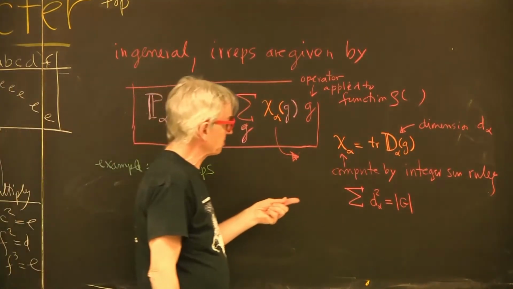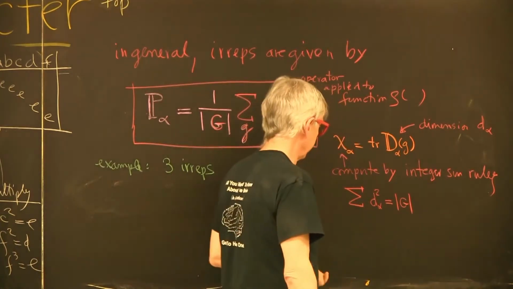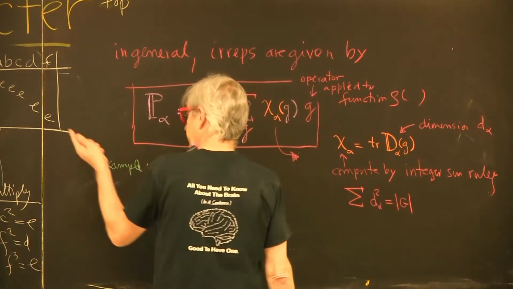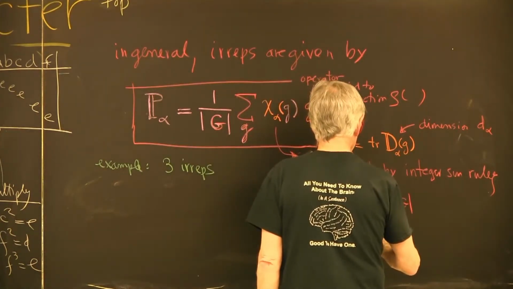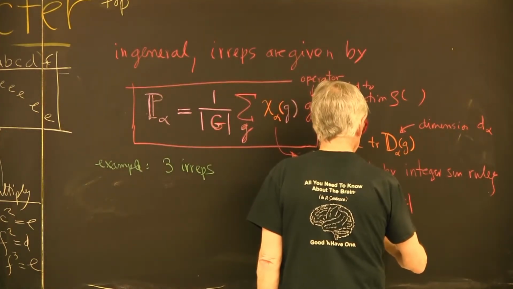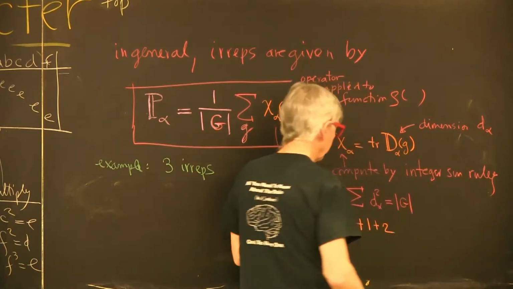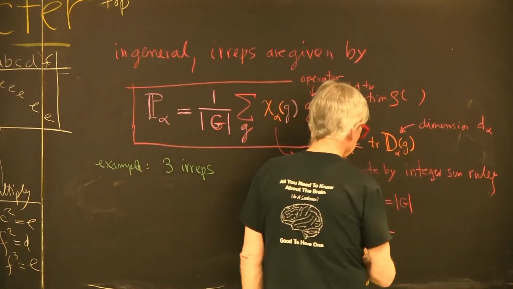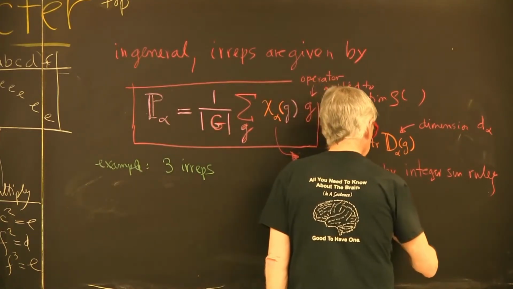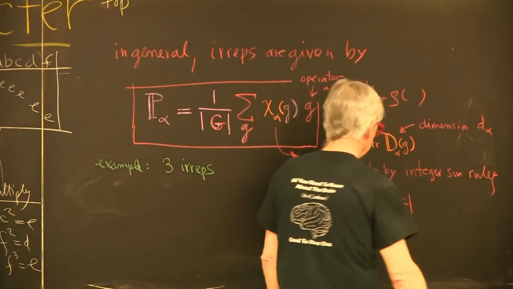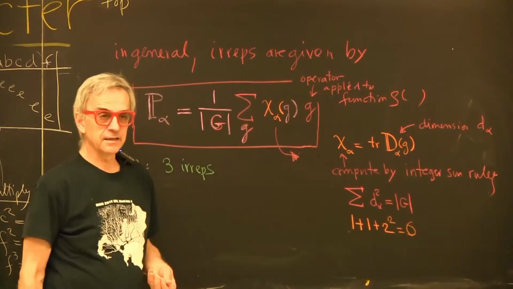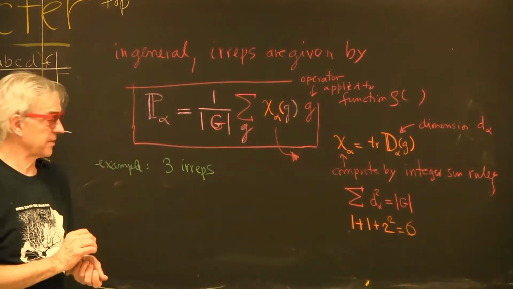And they have to be of dimensions that add up to 6, because there are 6 elements. It turns out the only possible dimensions you can have are 2 one-dimensional representations plus 1 two-dimensional representation squared. That'll give me 6. So this kind of thing tells me about dimensions of representations.